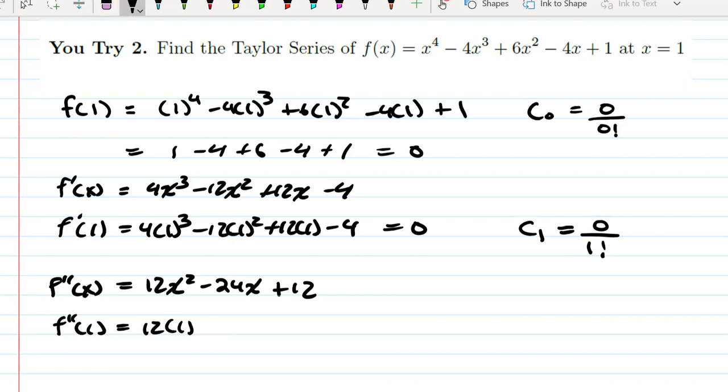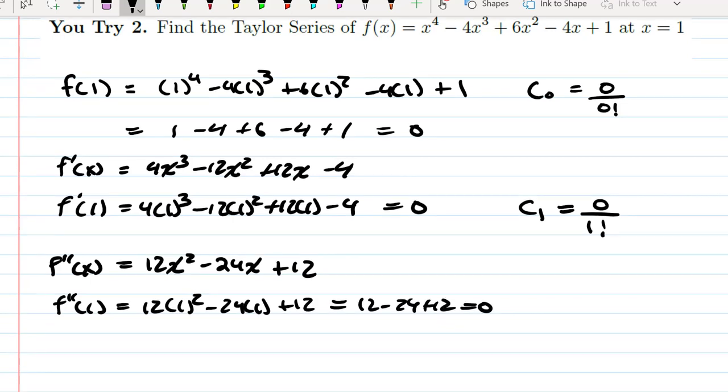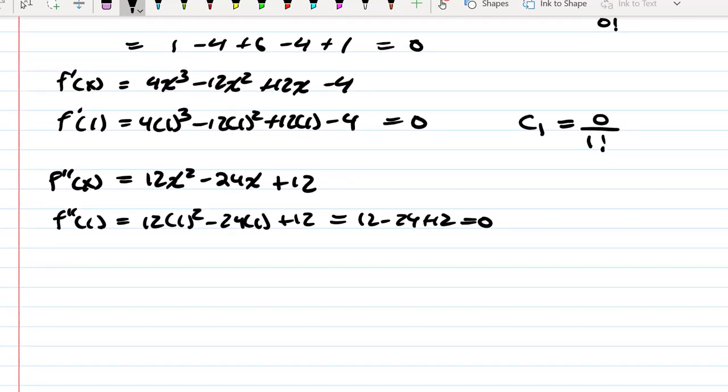Gives us 12 times 1 squared minus 24 times 1 plus 12. So 12 minus 24 plus 12 gives us 0. So now we have c sub 2 is 0 over 2 factorial.